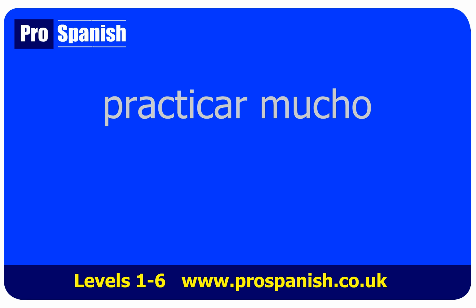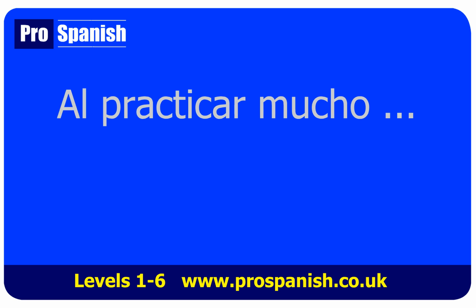Now, if we want to say by practicing a lot, the by is al, and we put it at the beginning. So, al practicar mucho. We have al and the infinitive, so in Spanish they say by to practice, in English we say by practicing.